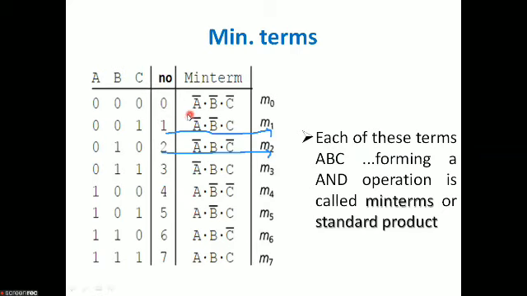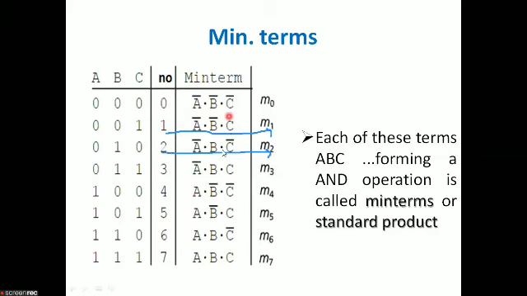So in the case of 3 variables, there are 8 min terms starting from min term 0 to min term 7. And remember one thing, that min terms are always represented as small m, that is small m with a subscript of the number that is being presented. Suppose min term 0 means 0 goes in as the subscript. Min term 7 means this is m7, 7 is going as a subscript.